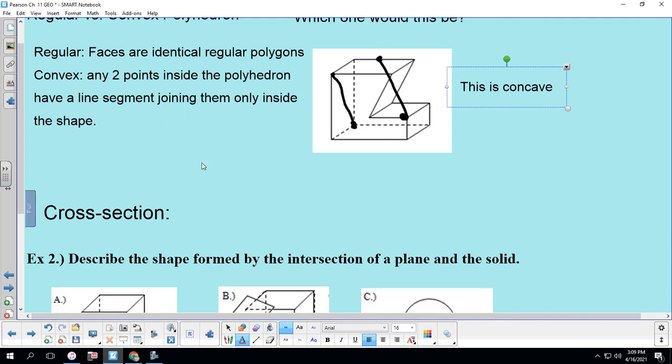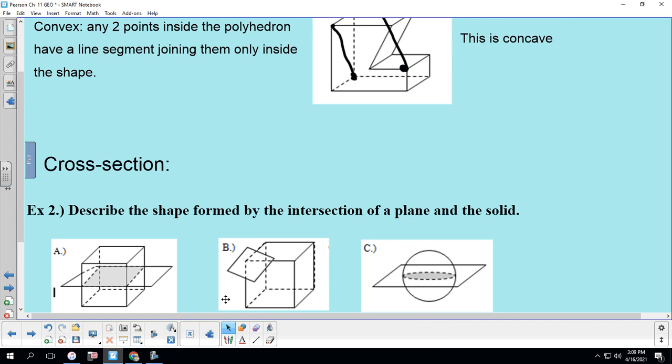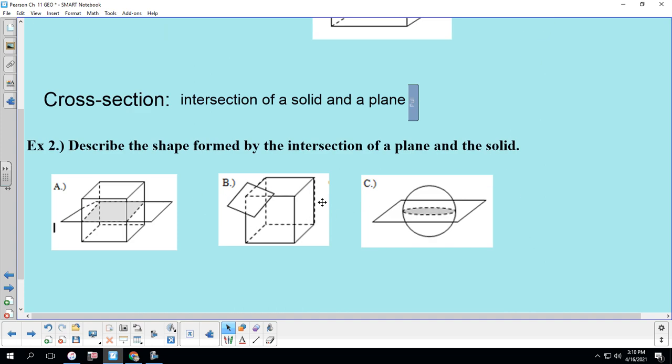All right, we are going to start slicing and dicing, so get your chopping knives out because we're going to look at cross sections. A cross section takes a plane, which is kind of like a thin slice of paper, and draws it through your solid. We're going to look at 3 different scenarios.